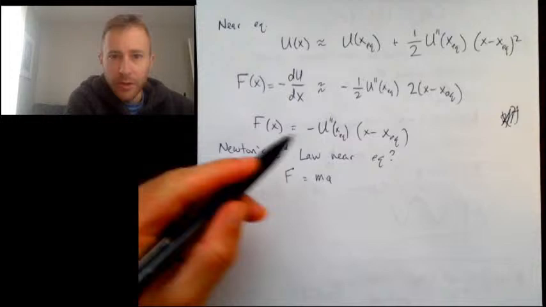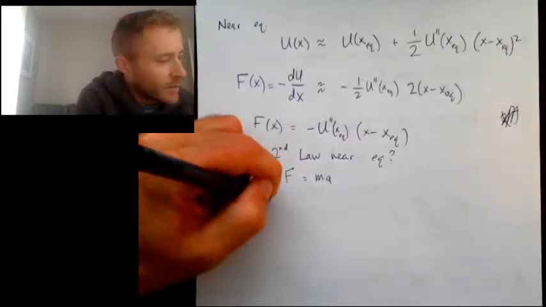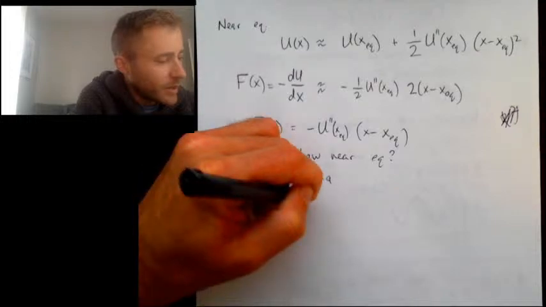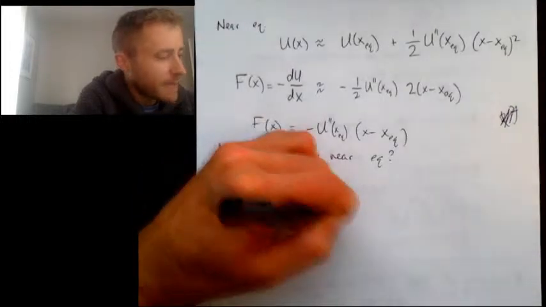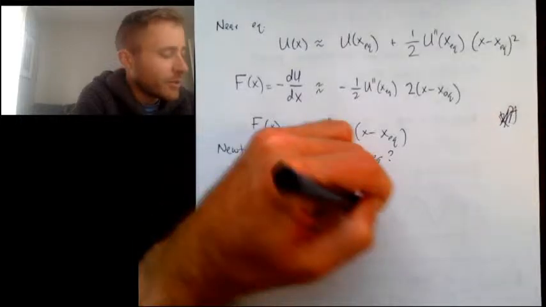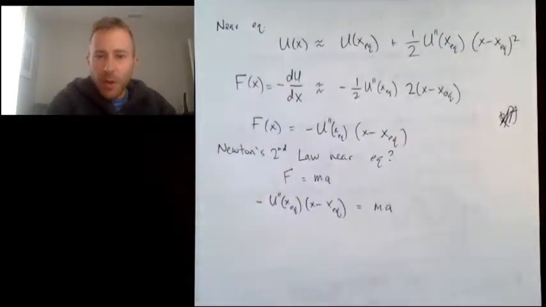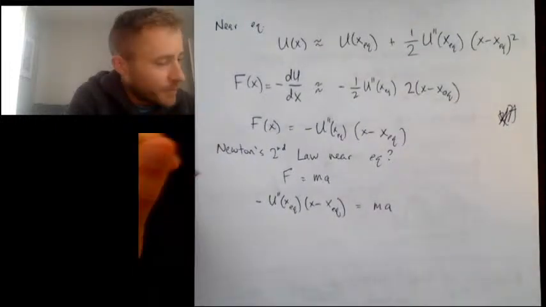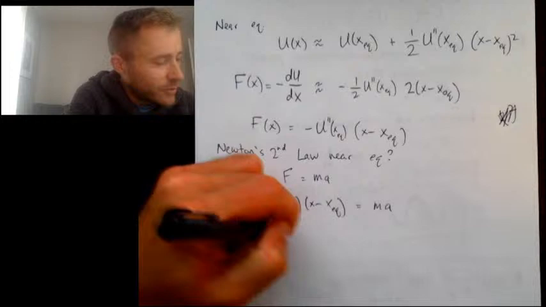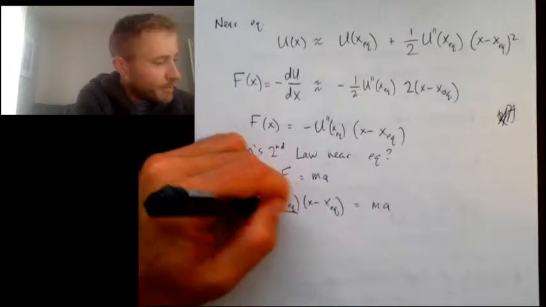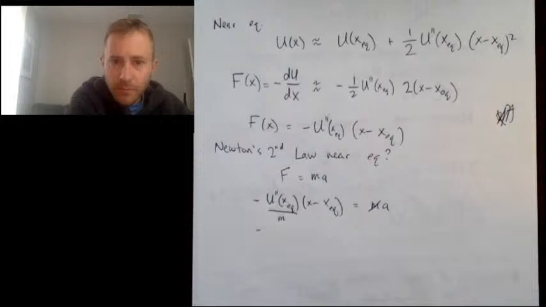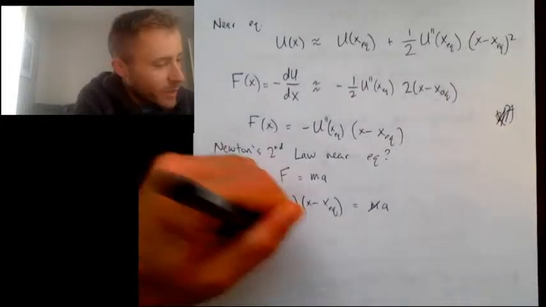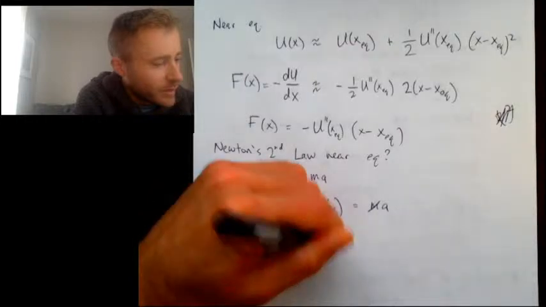The force is minus u prime prime at x equilibrium times x minus x equilibrium, and that equals ma. I want to compare that with the equation that I gave you at the beginning of class. I'm going to divide both sides by m. The equation of simple harmonic motion is minus omega squared times x minus c equals acceleration.